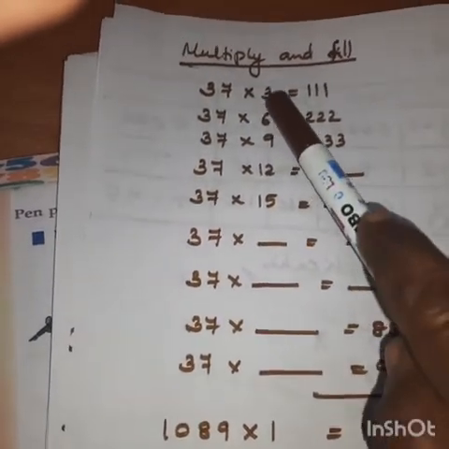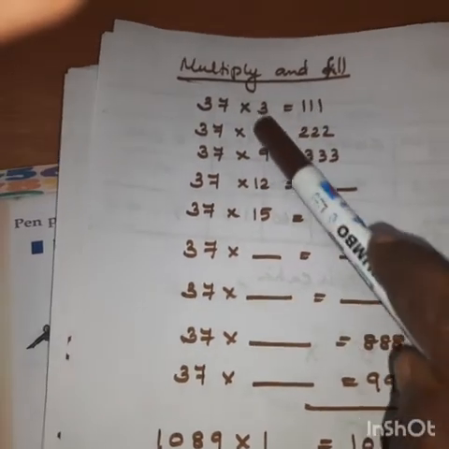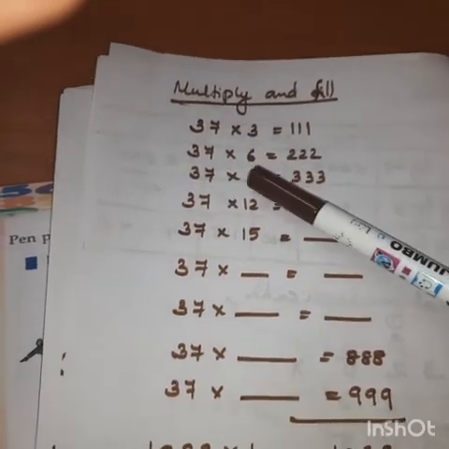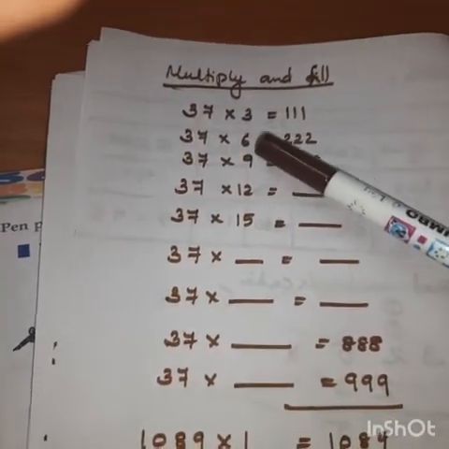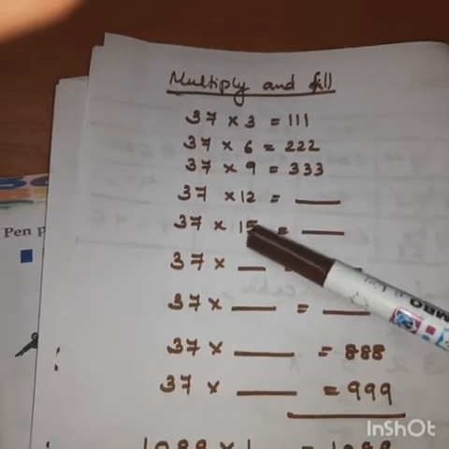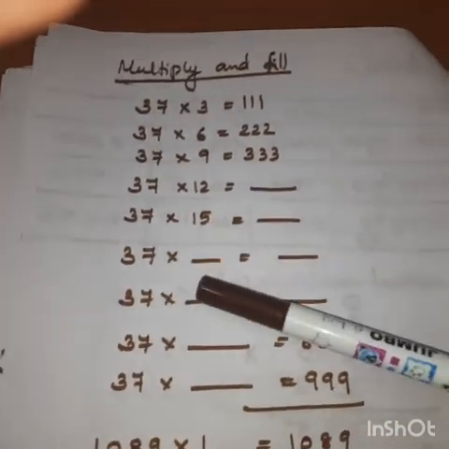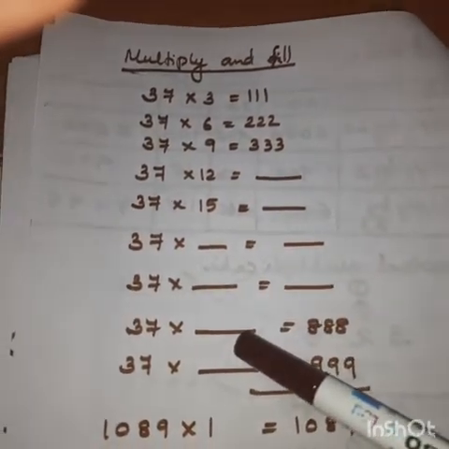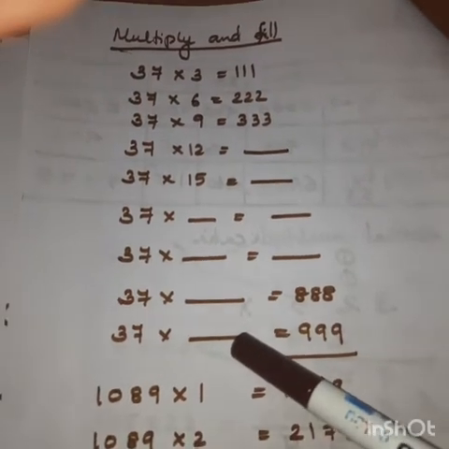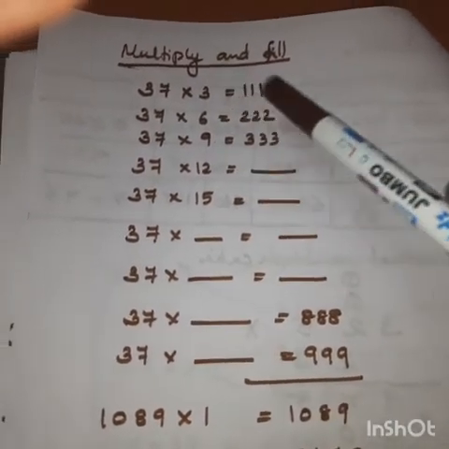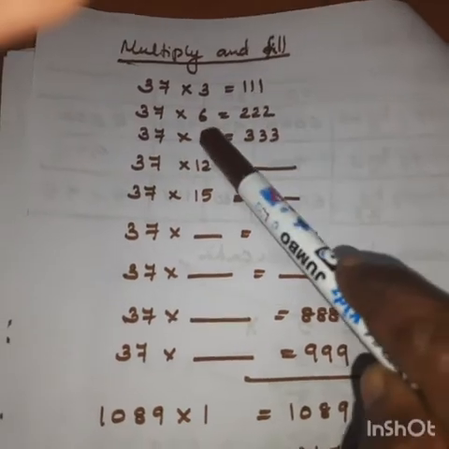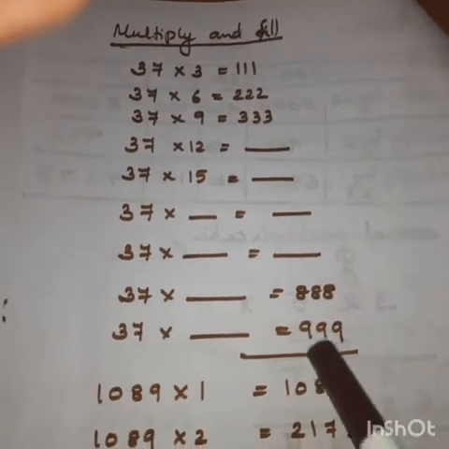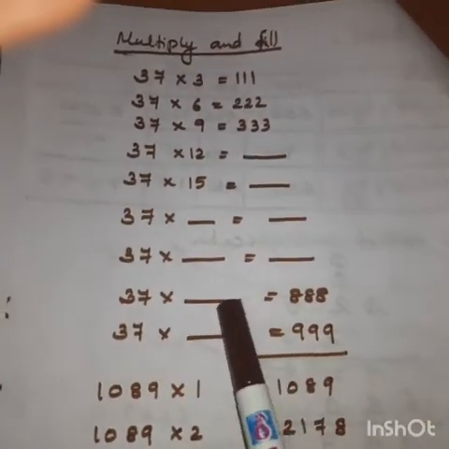Here the multiplying factors are 3, 6, 9, 12, the table of 3, or add plus 3. 3 plus 3 is 6, 6 plus 3 is 9, 9 plus 3 is 12, 12 plus 3 is 15, 15 plus 3 is 18, 18 plus 3 is 21, 21 plus 3 is 24, 24 plus 3 is 27. Therefore we get the first step 3 1, second step 2 3 2, third step 3 3. Then write this looking at this pattern.